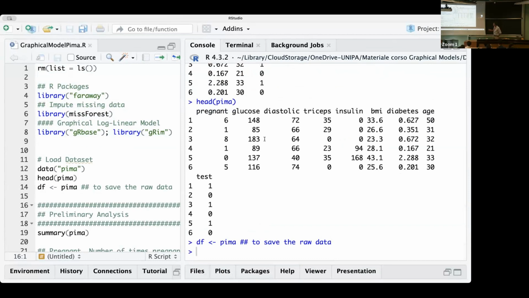You have the number of times the woman was pregnant, the glucose, diastolic, tricep, and so on. As you can see, almost all the variables are actually continuous, okay, except test, which is not. And I chose to categorize all these variables. It's a strong choice, but anyway.